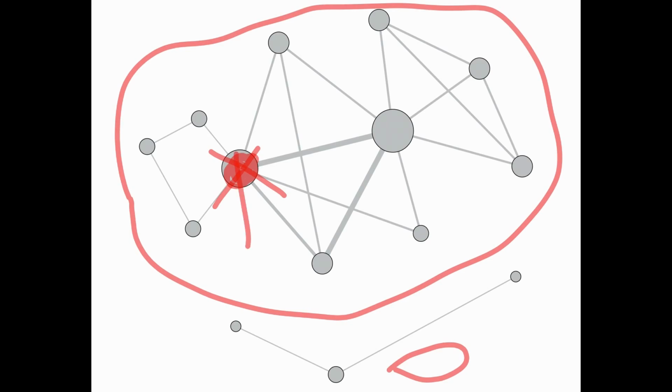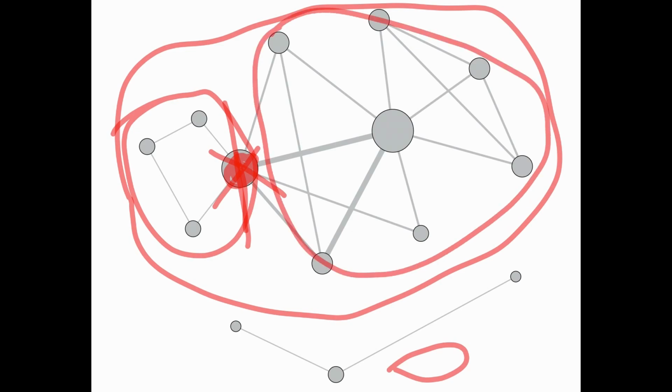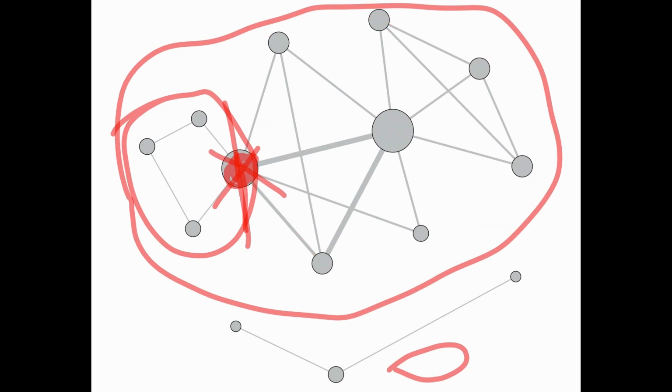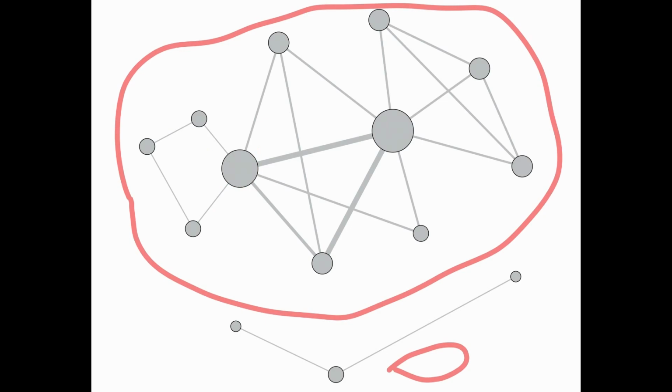It becomes disconnected: one smaller component up here, and another component here. Similarly, if we remove this node, they again become two different components. So those two nodes are cut points.